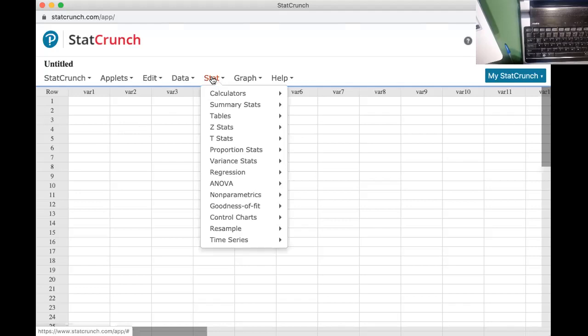So let's go to Stat. This particular problem did not tell us anything about sample size. Let me see if I can go back and read that problem again. Problem 8. Oh, well, yes, it does.